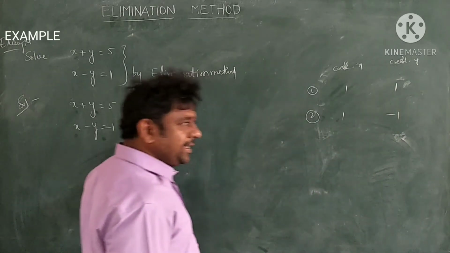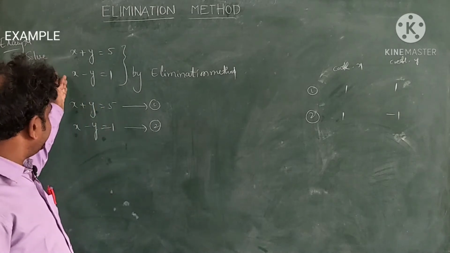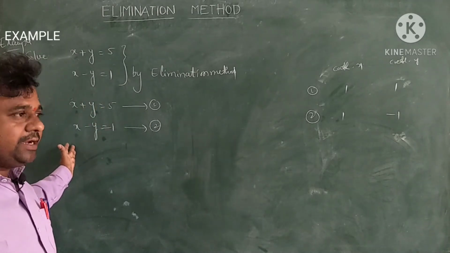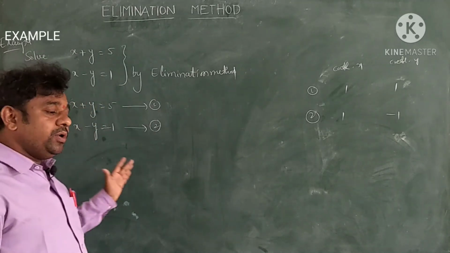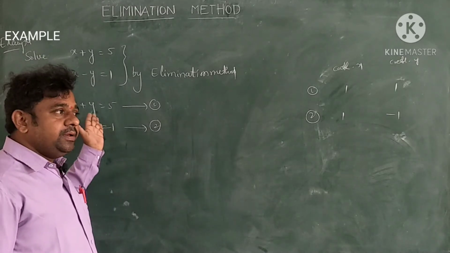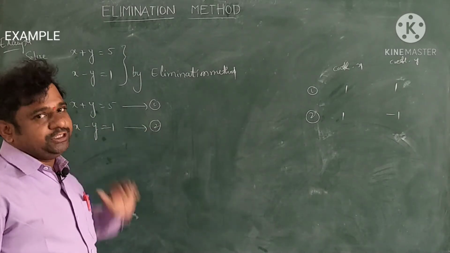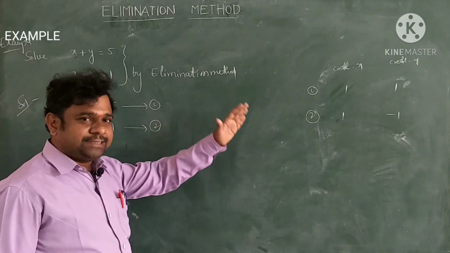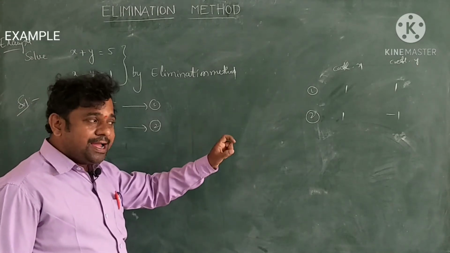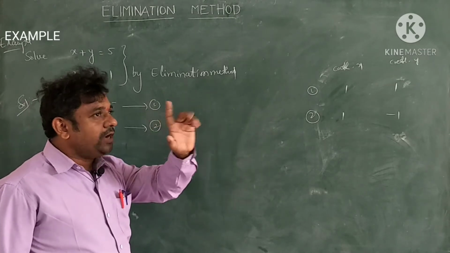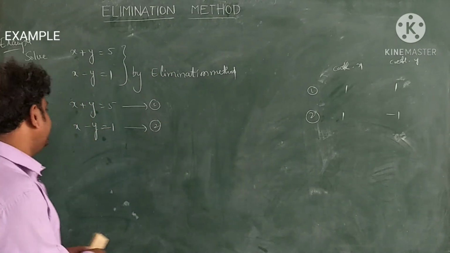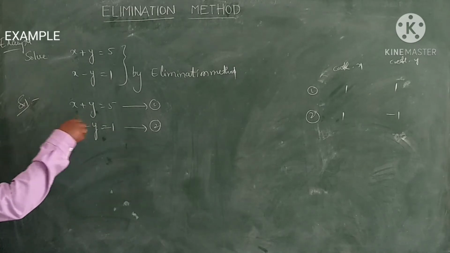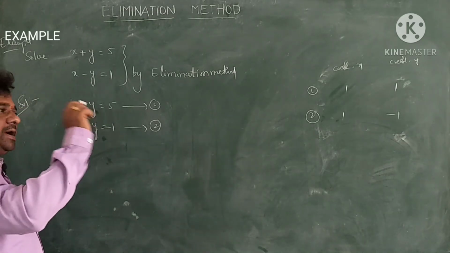In this particular case, both x coefficients are equal, and y coefficients are additive inverses of each other. That's why we can add or subtract for eliminating one variable. So, students, first we can do either subtract or add.